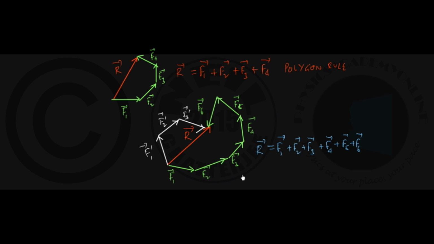So R could also be written as F1 dash plus F2 dash plus F3 dash, provided you make sure that the component vectors are chosen in such a way that the first one's tail coincides with the original's tail and the final one's head coincides with the original's head.